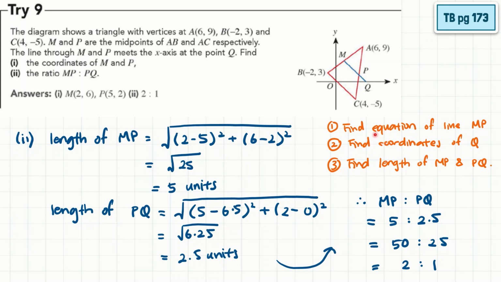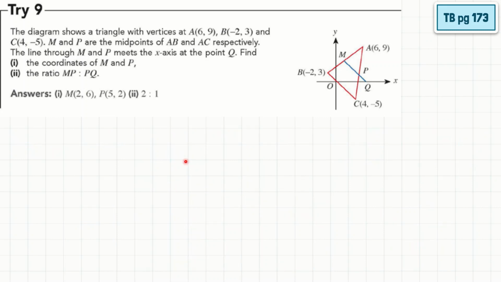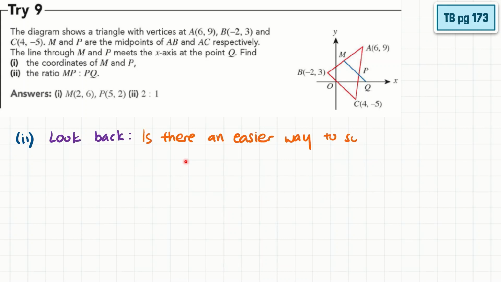And while this plan seems fairly short because it is just 3 steps, you know that the working was fairly long. Okay, we went through multiple slides to arrive at this answer. So sometimes I like to challenge ourselves to think of whether there is an easier way to solve this question.